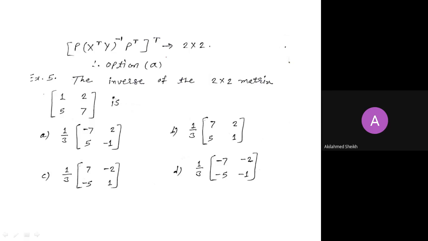Next example: the inverse of the 2 by 2 matrix 1 2 5 7 is. Now here we have to find the inverse of this matrix. We have to use the adjoint formula.